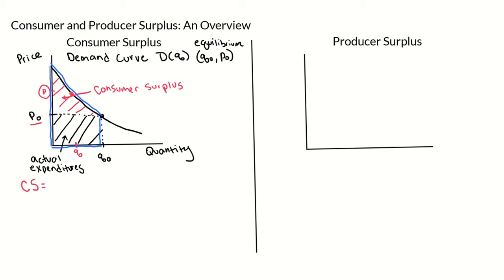But we can calculate that using an integral. That would be an integral from 0 to q0 of our function d of q, dq. But that's not equal to the consumer surplus because the consumer surplus was just this triangular region above the actual expenditures. So we actually need to subtract the actual expenditures.